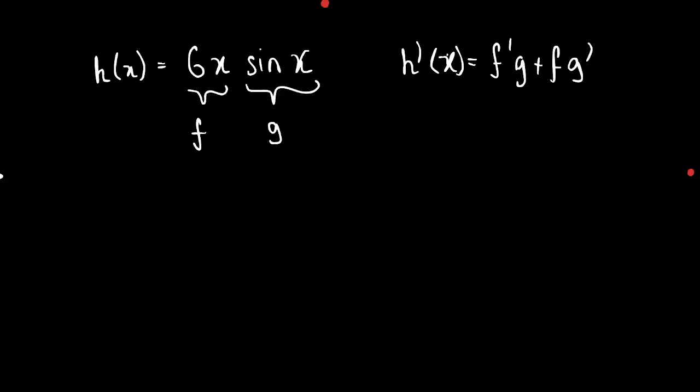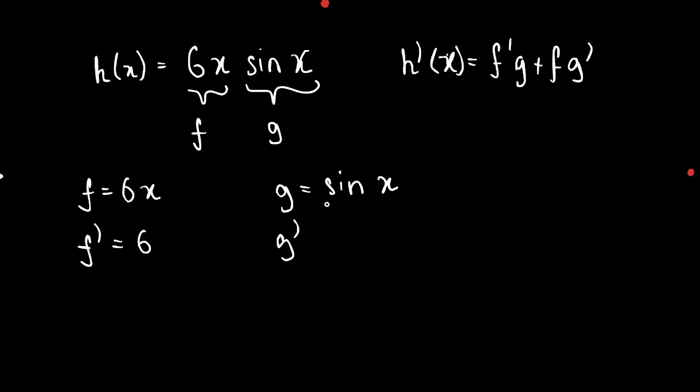So let's get each of those components, right? We know that our f is 6x, and we know that our g is sine of x. What is the derivative of our f? Our f prime. The derivative of 6x is just 6. The derivative of sine x is just cosine of x. So now we just put it together.